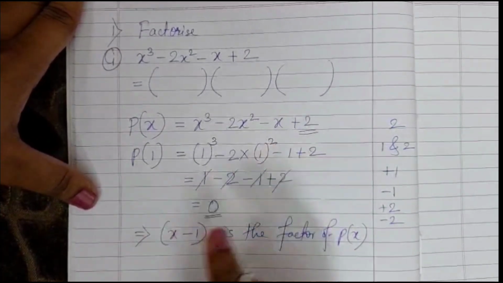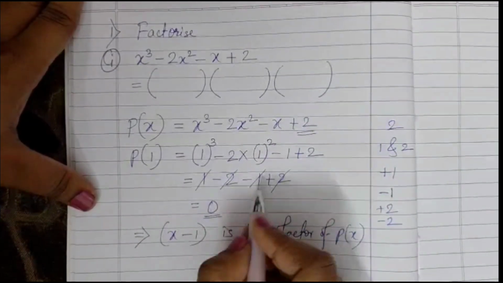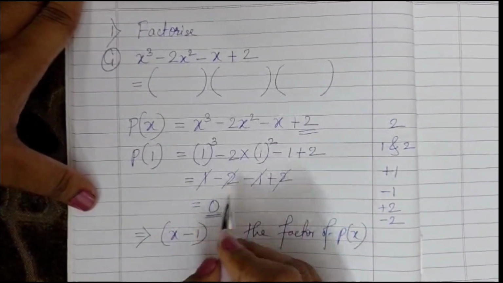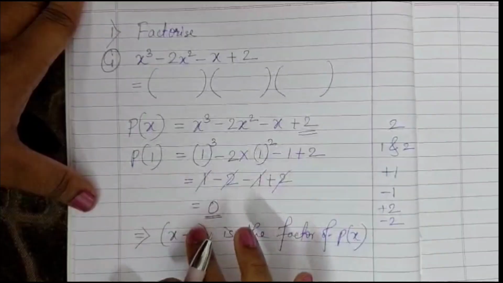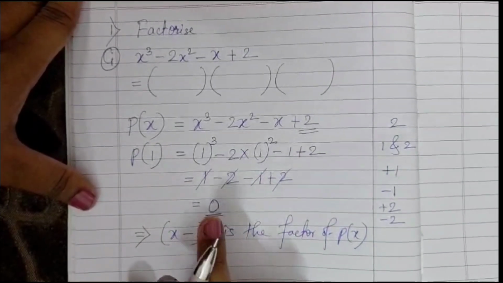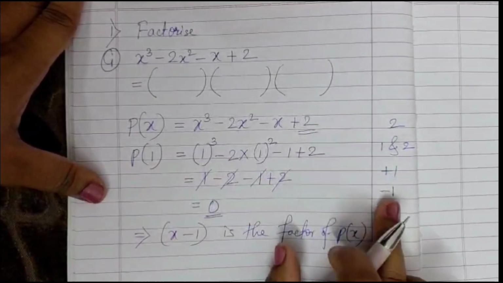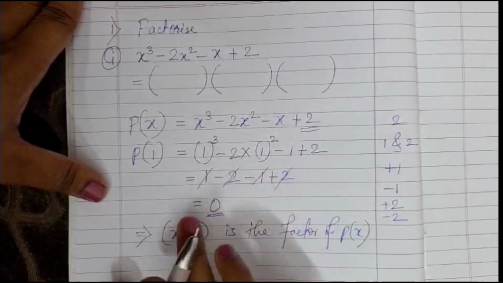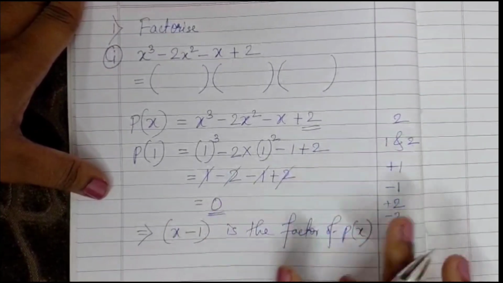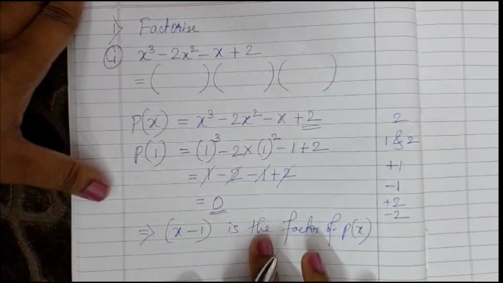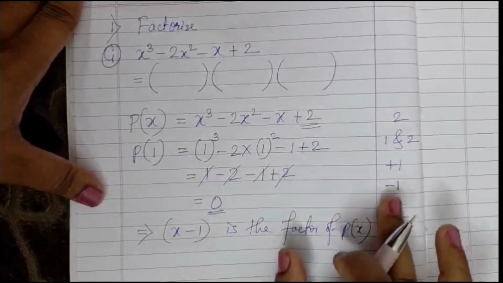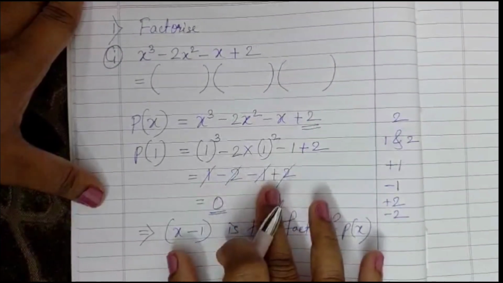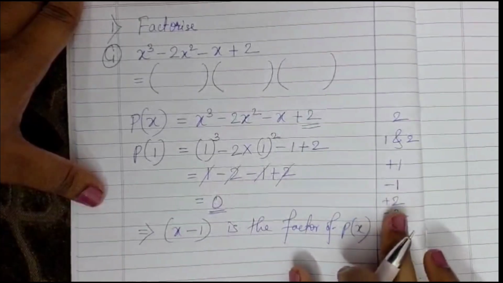Understood? If you get a number other than 0 here, then you have to try with minus 1. If with minus 1 you get remainder 0, then x plus 1 will be the factor. If minus 1 also does not work, then try with plus 2.